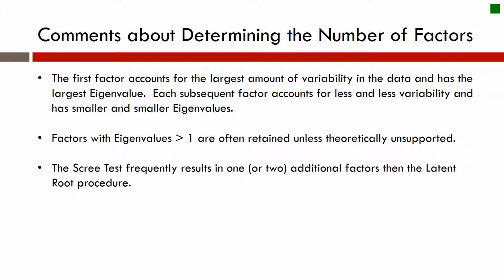Those are the ones we typically look to first. We evaluate the Scree plot, is what it's called, to do the Scree test. So we look at that. Oftentimes with the Scree test, we will sometimes have more factors, and we may have some factors that are less than 1. So that would give you a little bit more flexibility.